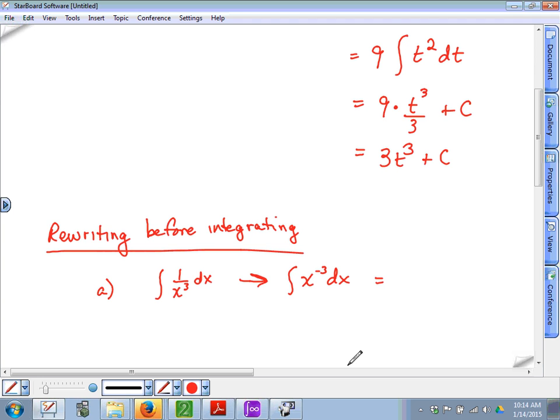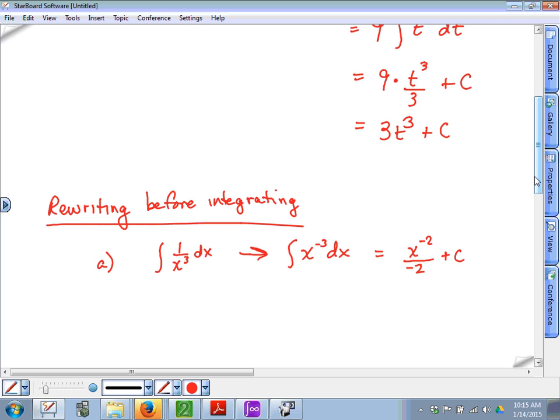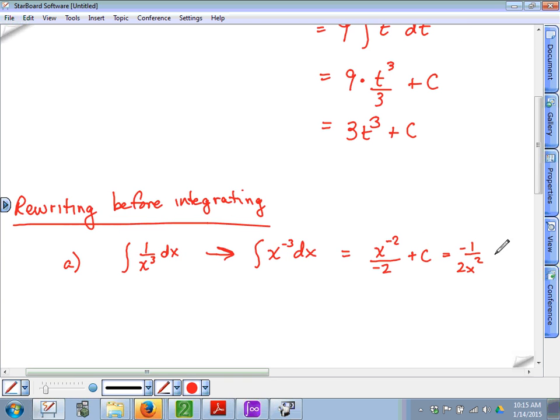Once you've rewritten it, you integrate. So what's the integral? x to the negative second over negative 2 plus c. Then you could move that x down and do 1 over x to the second power, and write this as negative 1 over 2x squared plus c. Would you care if we did either way? No, I'd be okay with it like that.